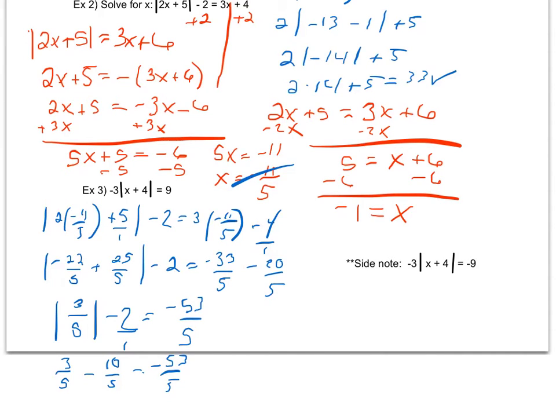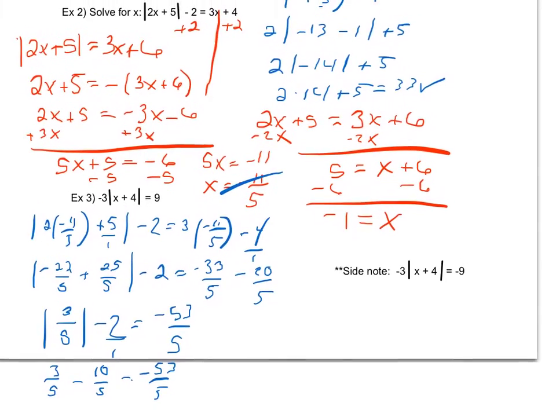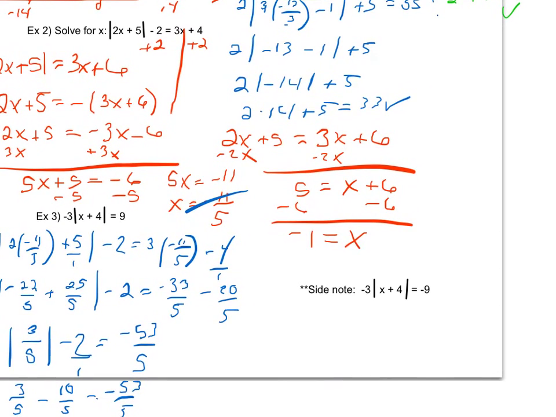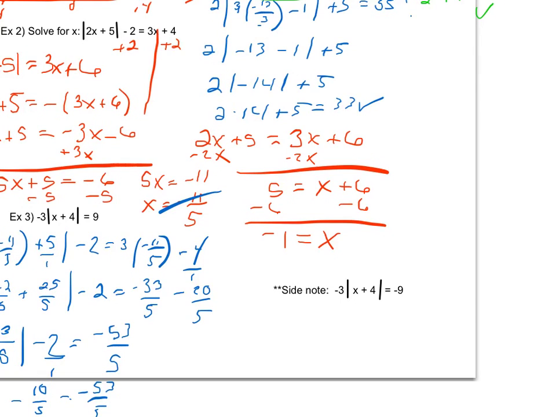I also need to check negative 1. So I'm going to go ahead and slide this over to check negative 1. And I get absolute value of 2 times negative 1 plus, I'm not going to have room there. I'll try to write smaller. Absolute value of 2 times negative 1. And maybe I'll just do that 2 times negative 1 right away. So absolute value of negative 2 plus 5, plus, minus 2.